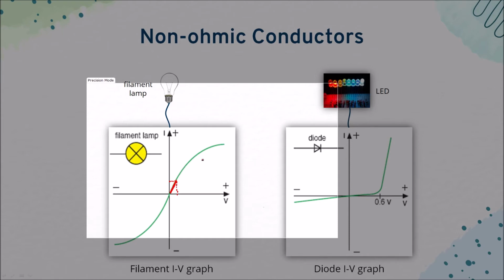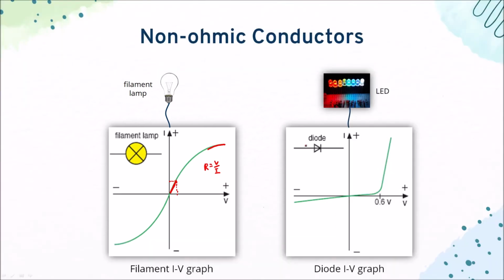But as the current increases, or if you supply higher voltage, the current will of course get bigger, but notice this part is curved. If I take V over I, R equals V over I, the resistance would have been higher at this particular portion, because the increase in V is steady but I only increases a little bit. So this is a filament IV graph.